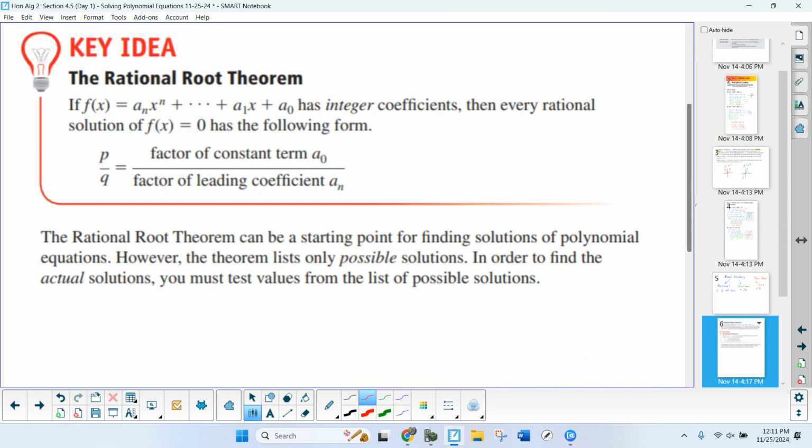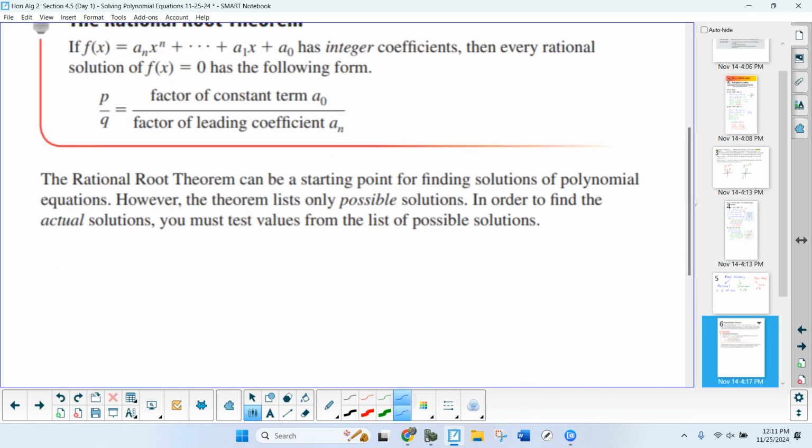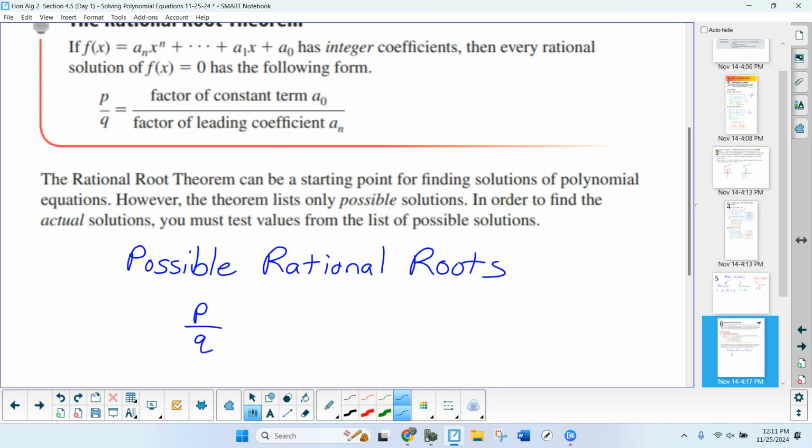If you have any polynomial of any degree, the possible rational roots are P over Q, where P are the factors of the constant, and Q are factors of the leading coefficient.